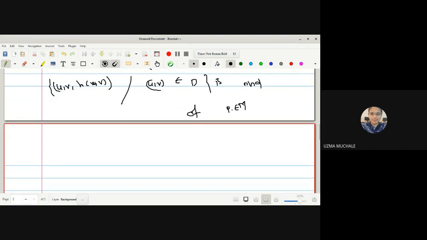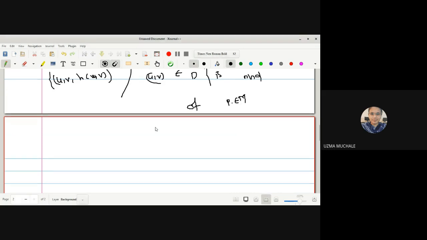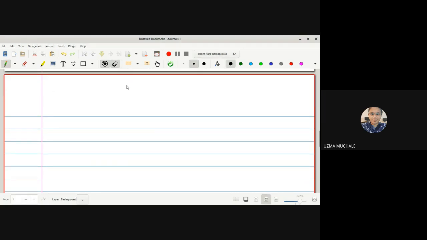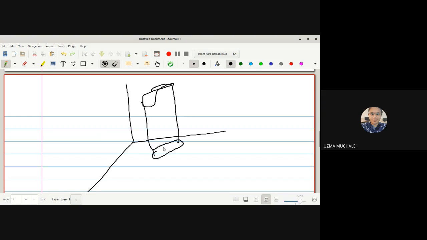Okay, now let me show you the figure, how it looks. For each point (u, v), we should get a point (u, v, h(u,v)) on your surface M. So suppose this is your surface M. And here, suppose this is your xy plane.